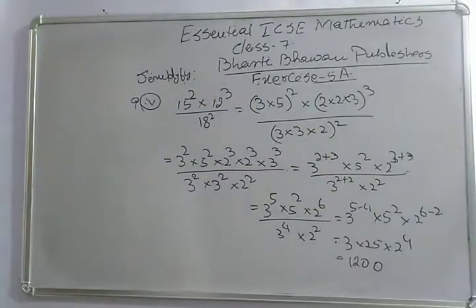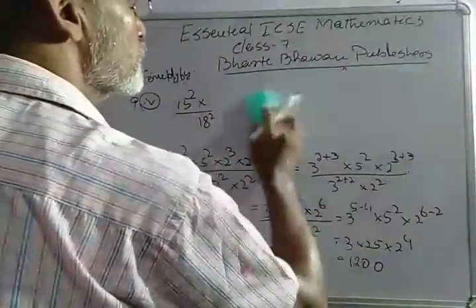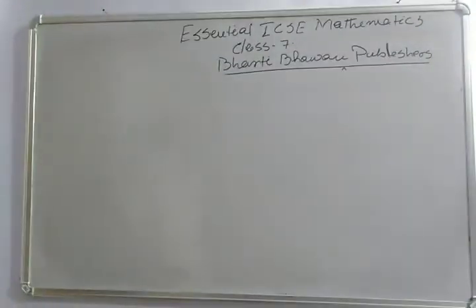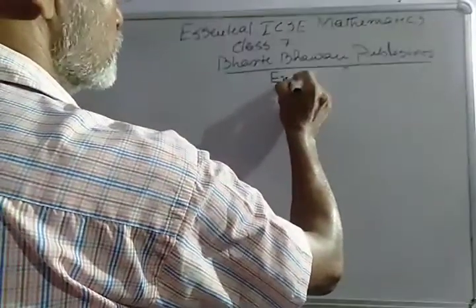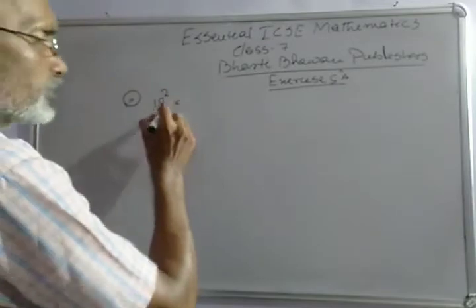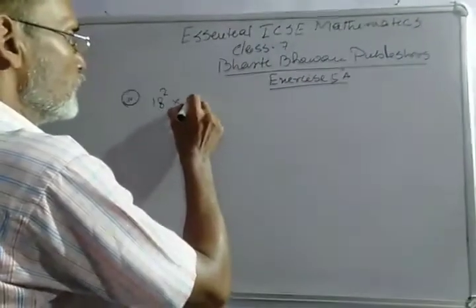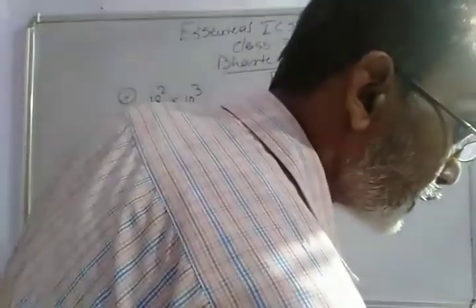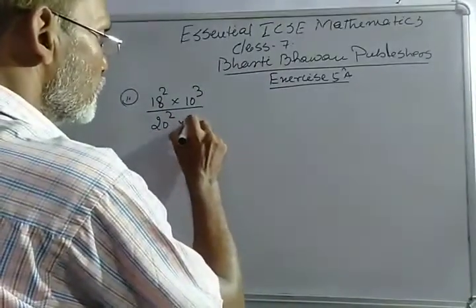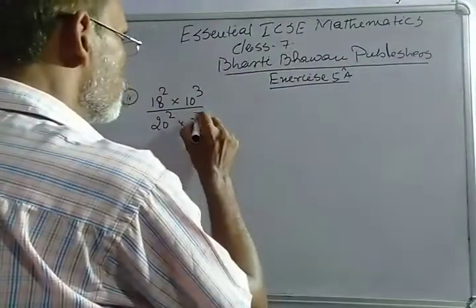Then the next one, number 11. 18 to the power 2 into 10 to the power 3 by 20 to the power 2 into 3 to the power 4.